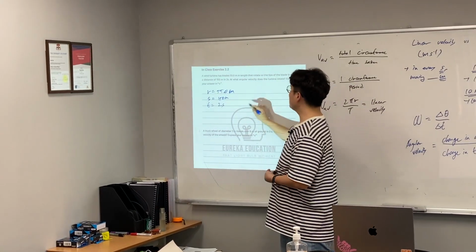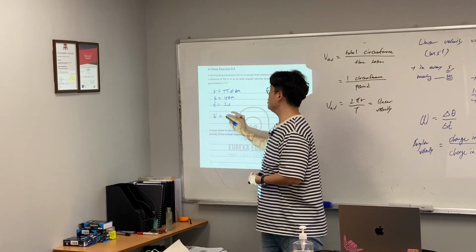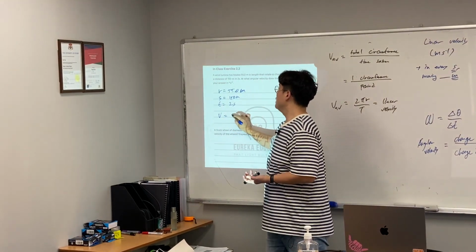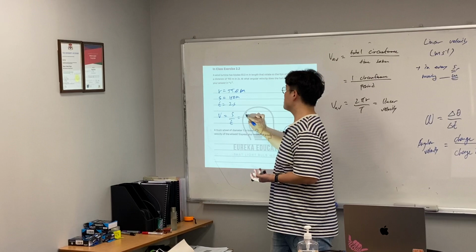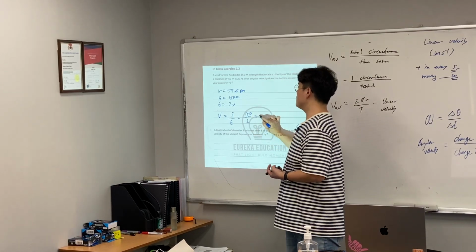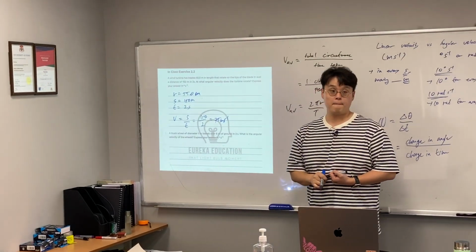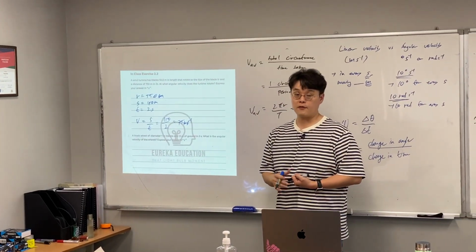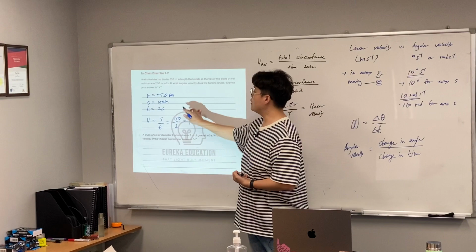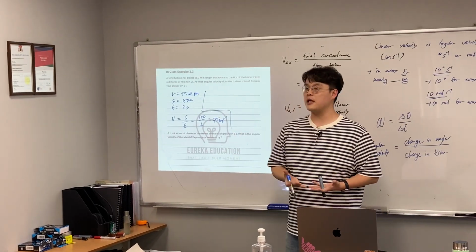From here, we can get the velocity. Linear velocity equals the displacement divided by time. That's 150 divided by 2 seconds, which gives you 75 meters per second straight away. If you got up to here, then you have to ask, how are we going to find the angular velocity?